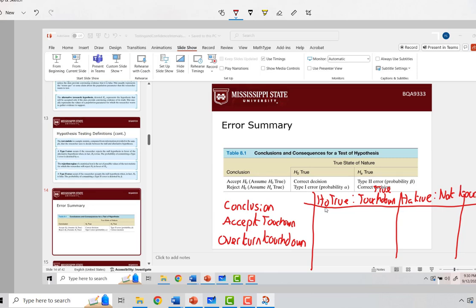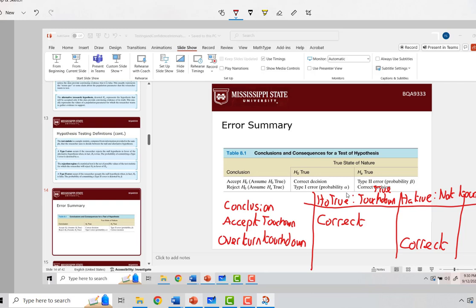Sorry, this is a bit squashed. So if it is a touchdown and we accept the touchdown, we don't overturn it, we've made a correct decision. And likewise, if it's not a touchdown and we overturn the touchdown, then we've also made a correct decision.